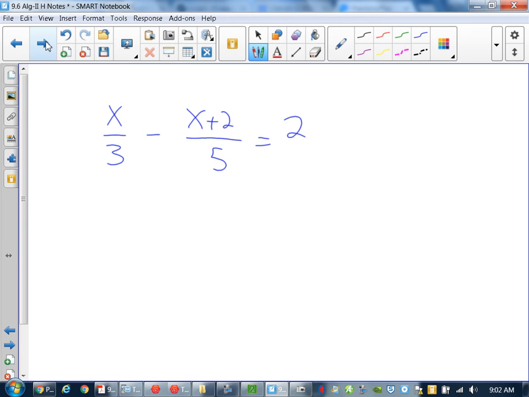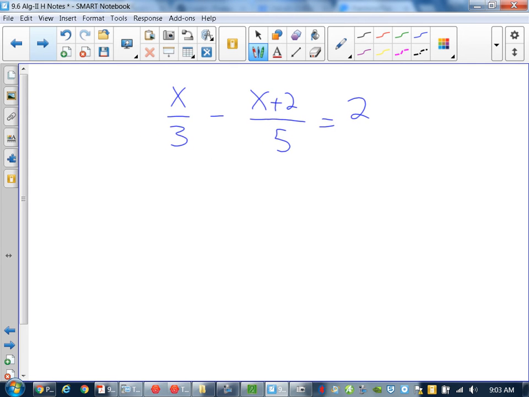So again, I want to multiply this by something to get rid of the fractions. So what would be the least common denominator of a 3 and a 5? 15. So the least common denominator between a 3 and a 5 means I multiply everything by 15.